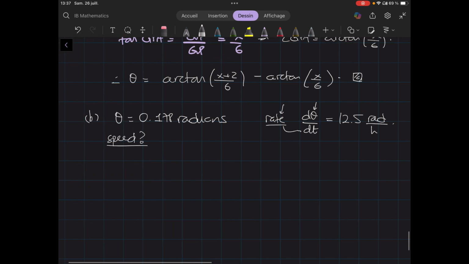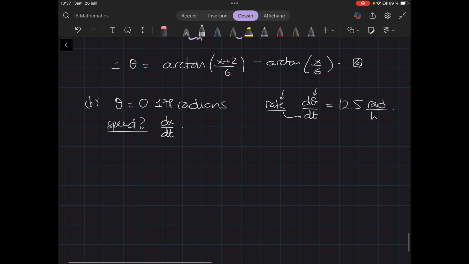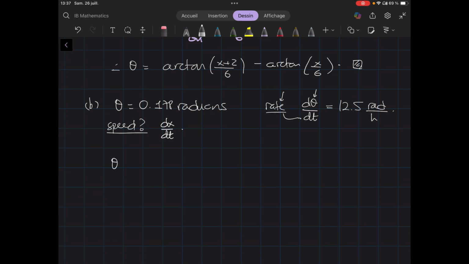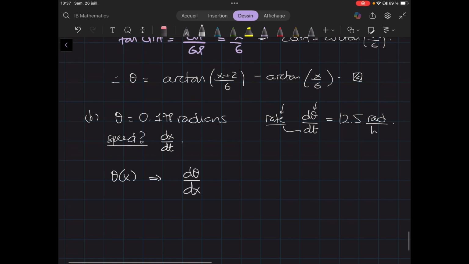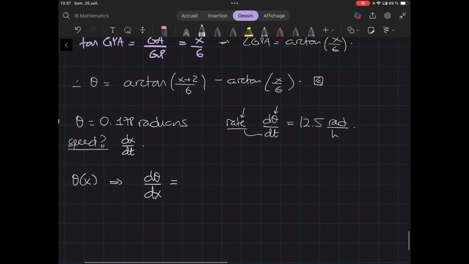So, speed is dx divided by dt. Theta is a function of x. So even if you don't know anything else, it's always a good idea to differentiate theta. And then we'll see what we can do with it. So differentiating theta would give you a rather disgusting expression.